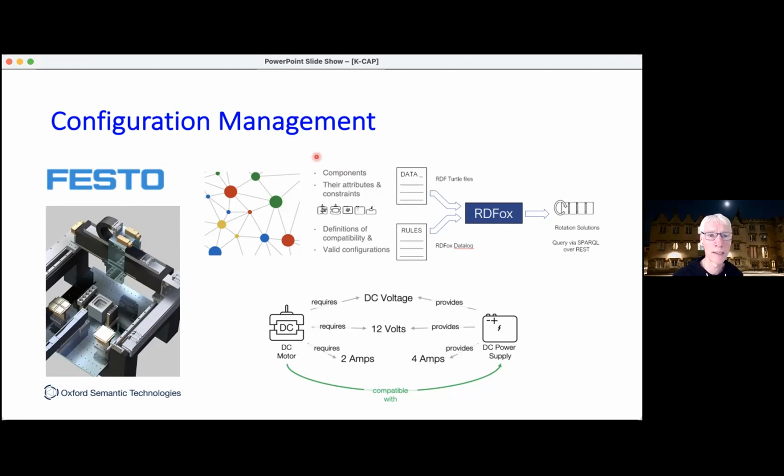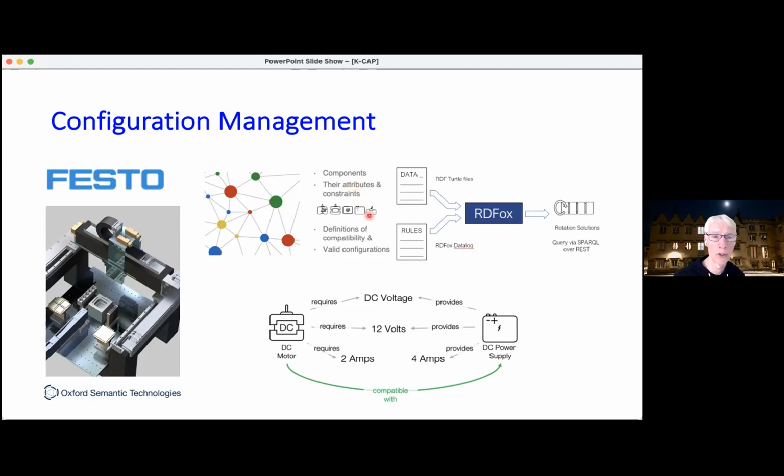They have a vast number of different components in their catalog, and they need to assemble these into bespoke systems for different customers that cost millions of pounds, probably tens of millions of pounds. And it's really important to make sure these systems are correct and work when they install them at the client.